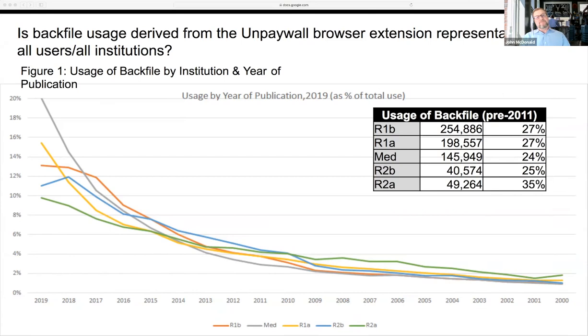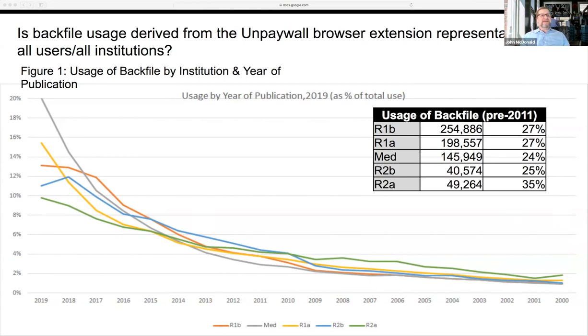And so what JR5 does is it divides out usage by year of publication of the article being used. So these are all uses in 2019 and then charted by the year of use. And we went back to 2000 on this one. So the backfile is 2010 and earlier. And you can see that generally the shape of the curves is about the same.